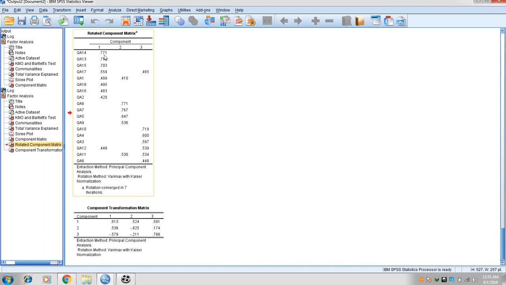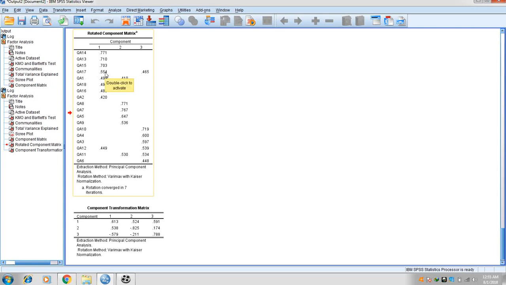Go to the rotated component matrix. Here you can see that we have given the command for 3 factors. This is the first factor, these items are making the first factor. This is the second factor and this is the third factor. If you see in this table, there is item 17, it falls in the first factor and also falls in the third factor.